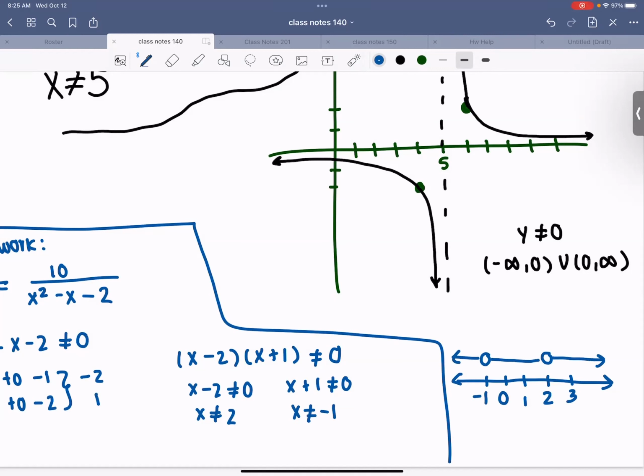If I were to write this in set builder notation, we have 3 different chunks, right? I know that everything from -1 and below works. So that would be, let me write this out in a different color, -infinity to -1, right? So that would represent this part of my arrow. To represent the middle part, it would be -1 to 2.